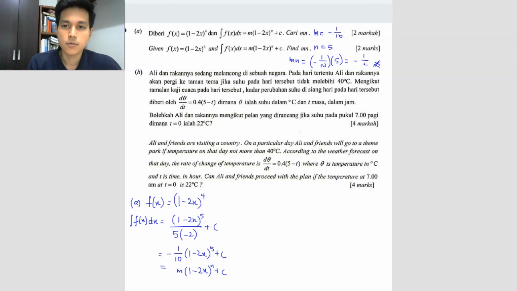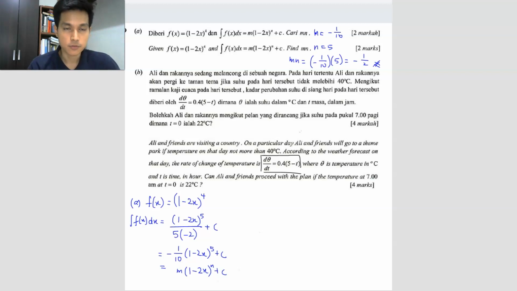According to the weather forecast on that day, they give you the rate of change of temperature, where theta is temperature in degrees Celsius and t is time in hours. Can Ali and friends proceed with the plan if the temperature at 7 AM, at t equals 0, is 22 degrees? So now the question is very long, right? But okay, they told you that the temperature is 40 degrees.